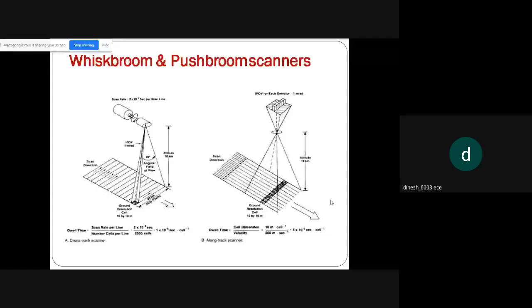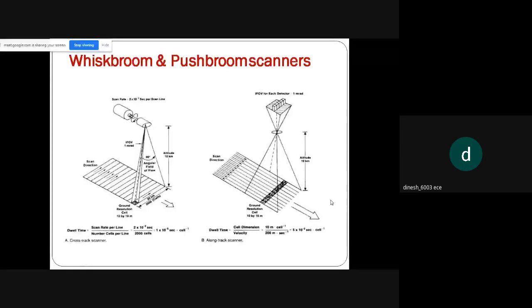Then, for the along track scanner, the dwell time can be measured by the cell dimension divided by velocity. The cell dimension is 10 meters per cell. For every cell, 10 meters. And depending upon the velocity of the platform, whether the aircraft platform or the satellite platform that it moves on, that is to be considered. So 10 meters divided by 200 meters per second.